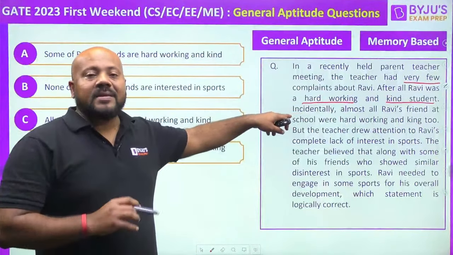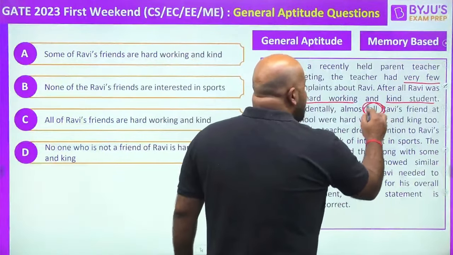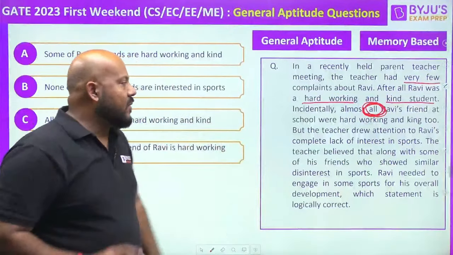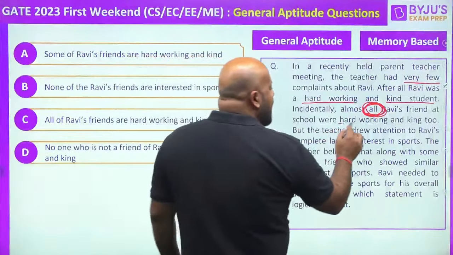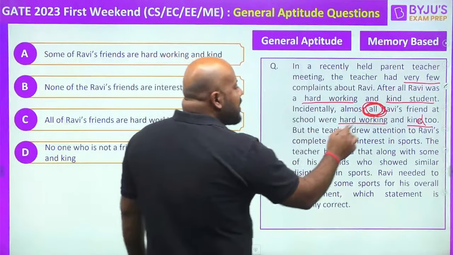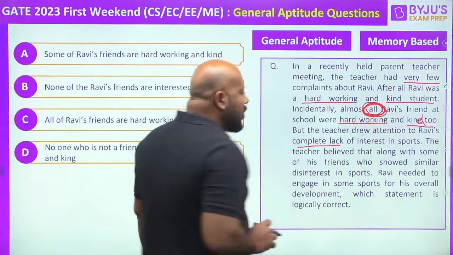Incidentally means there was a coincidence. Almost all, extreme thing, all Ravi's friends at the school were hardworking and kind too. But the teacher drew attention to Ravi's complete lack of interest in sports.